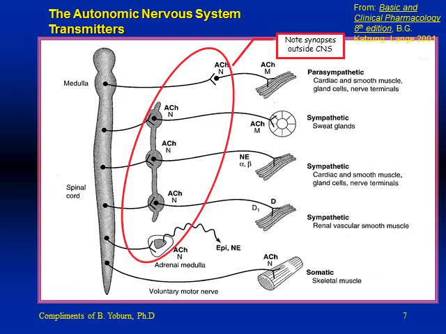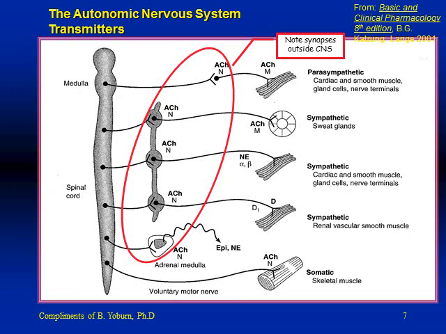When you look at the third example, the first fiber travels a short distance to the ganglion, the second fiber travels a longer distance to the renal vascular smooth muscle. And so anatomically speaking, when we talk about sympathetic ganglia, we're talking about those which are on the side of the spinal cord, and a scenario where the first fiber in the connection is short and the second fiber is long.